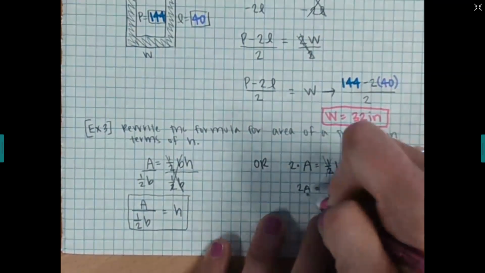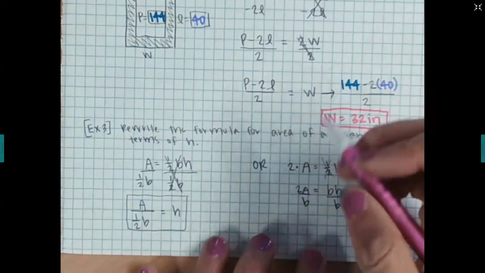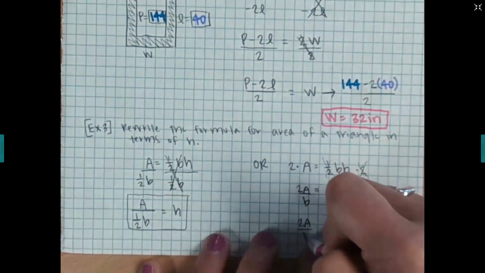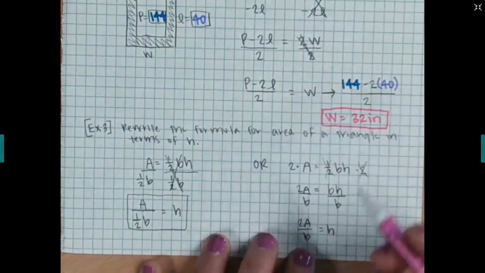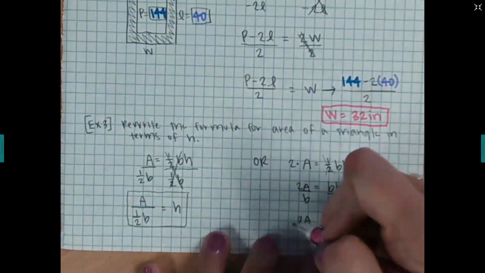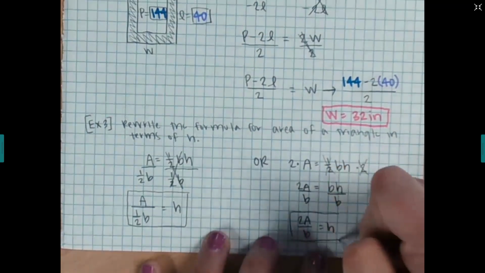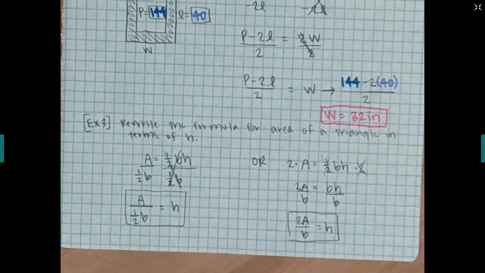And then we can divide by b in order to get 2A over b is equal to h. So there's no complex fraction in this one. It's just one fraction so that when you plug in the area and the base, you don't have to worry about that fraction within a fraction.